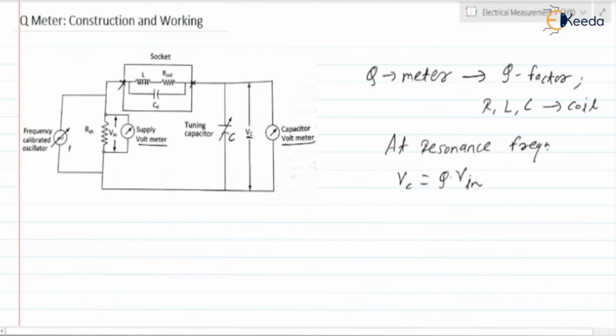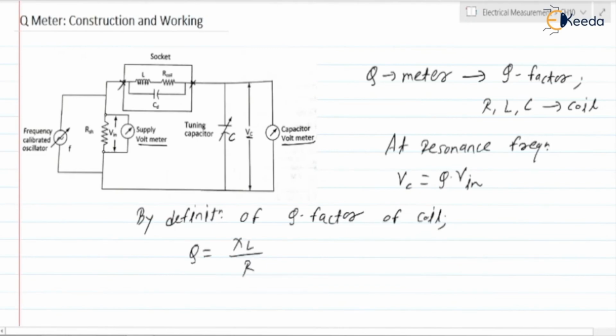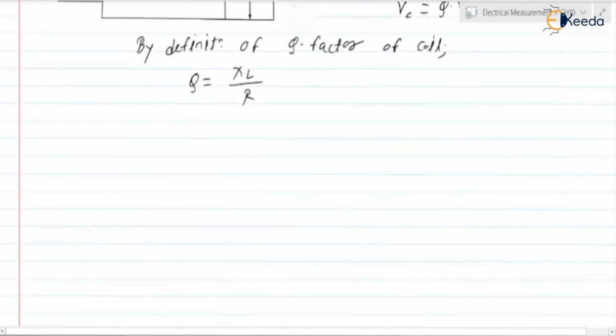At resonance frequency, we know Vc is equal to Q into Vin. So here we can write, by definition of Q factor of coil, Q is equal to XL by R or omega L by R. This expression has been derived in the electrical network subject.